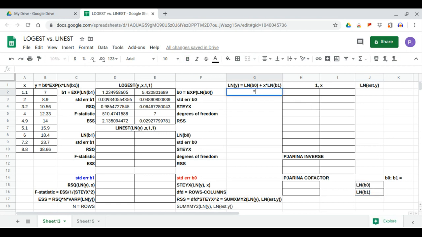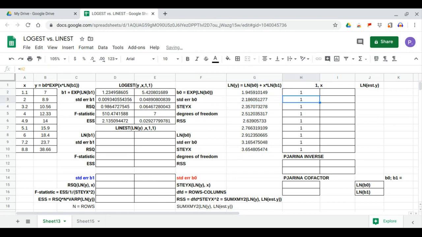So we begin with the ln y. Our formula, ln of the y values. Next, we complete the 1 comma x matrix. We have the 1 column and the x column.